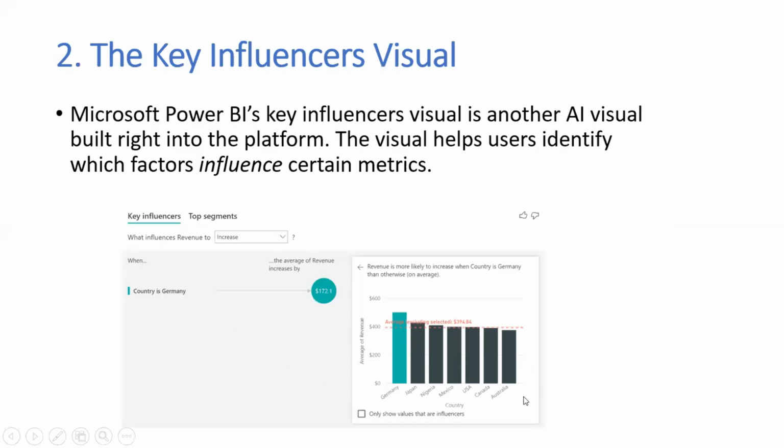For example, what influences revenue to increase? Then it will show that this particular country, and then this country, is influencing it. It gives you the data so that you can understand easily.